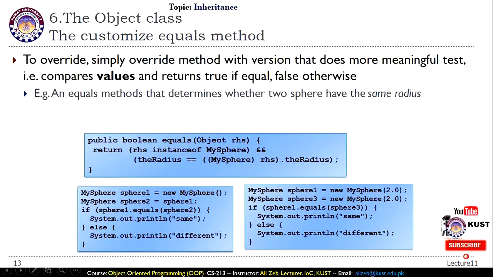If it is, then it will downcast this object to an object of the subclass so that it can compare the two. So here the object of the superclass is converted to the object of the subclass. We call this downcasting, and we'll see this in detail in the upcoming lectures.